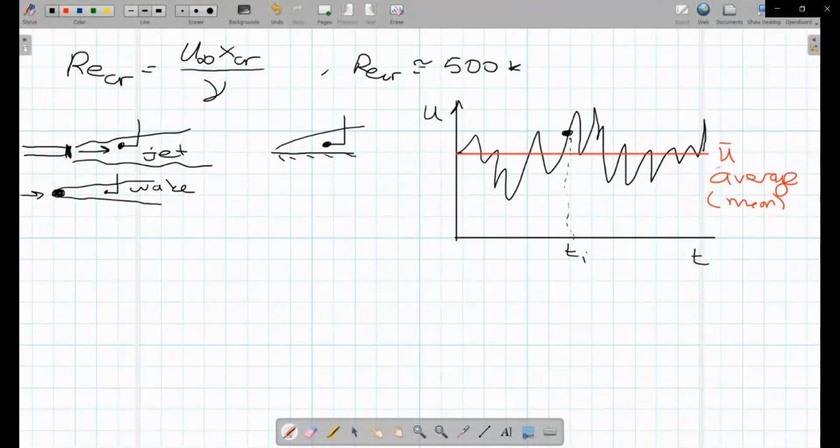At the same time instant, the average velocity is this value. So there is a difference between them. They are not equal to each other because of the effect of turbulence.